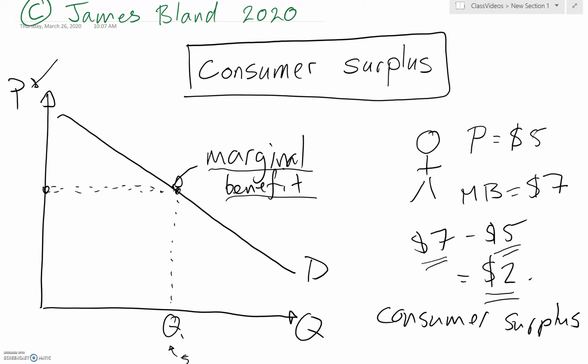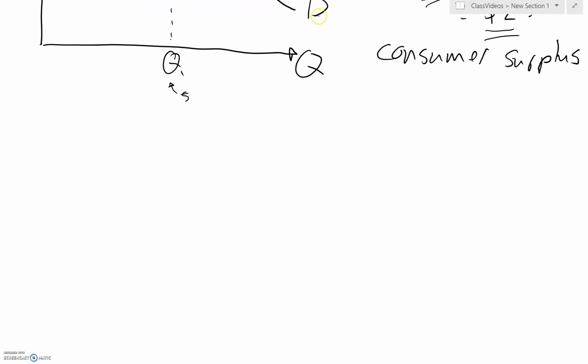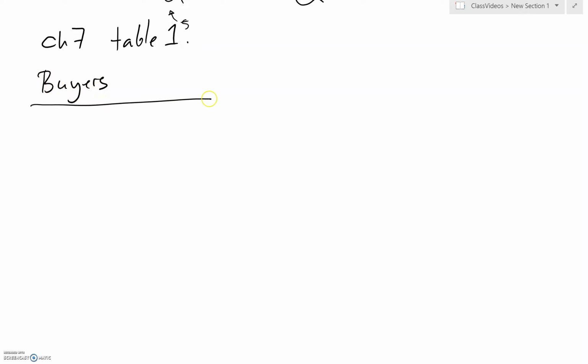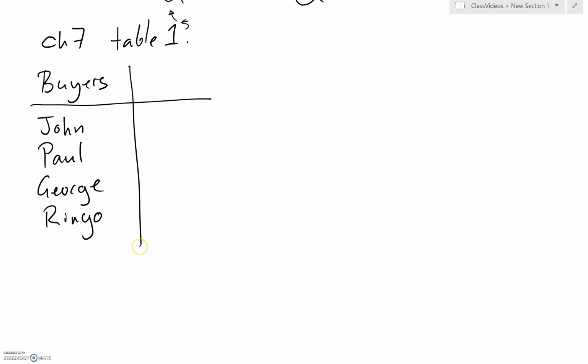And to do this, I'm going to work you through the example in Chapter 7 of Mankiw that starts with Table 1. So this is Chapter 7, Table 1, where we have a table describing 4 buyers. These people are called John, Paul, George, and Ringo. Go and look them up. They're pretty amazing people.